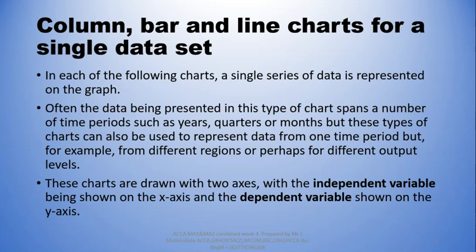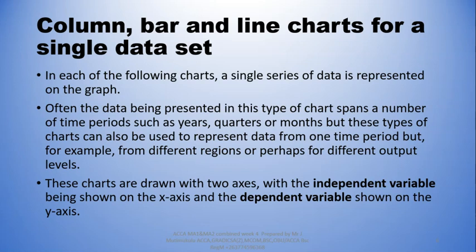In each of the following charts, a single series of data is represented on the graph. Often the data being presented in this type of chart spans a number of time periods such as years, quarters, or months, but these types of charts can also be used to represent data from one time period, for example, from different regions or perhaps for different output levels.